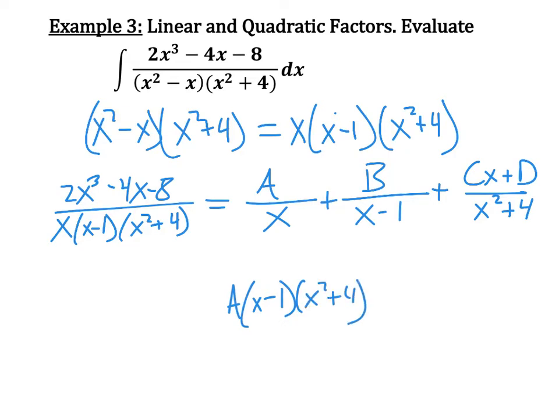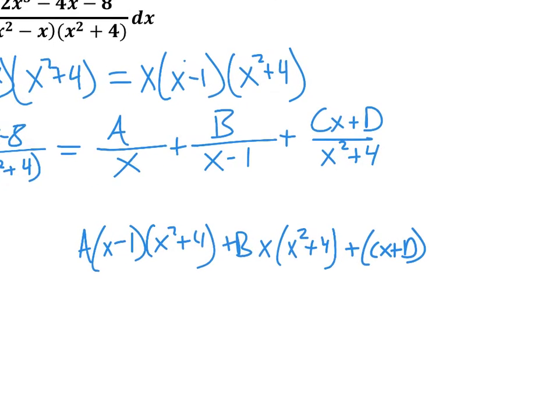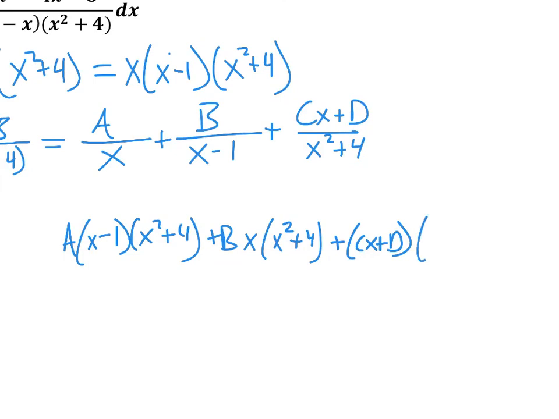And then we have b times the x and the x squared plus 4, the 2 factors that are not in the denominator. And one more, we have our cx plus d. And we're going to multiply that by the other 2 factors there. So it's going to be x and x minus 1. Something like that.